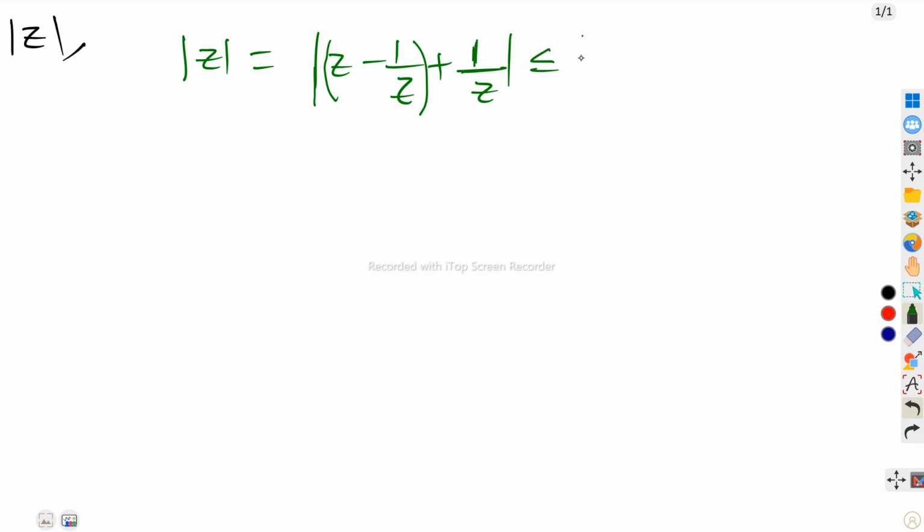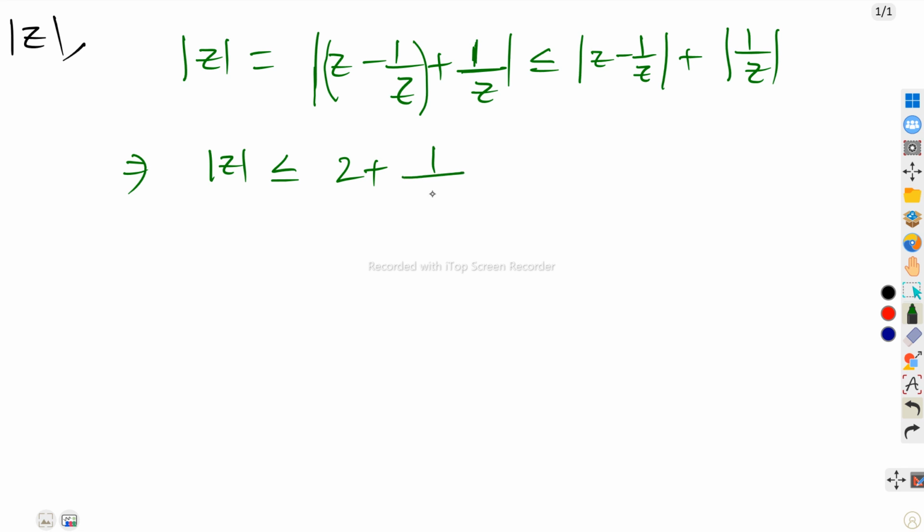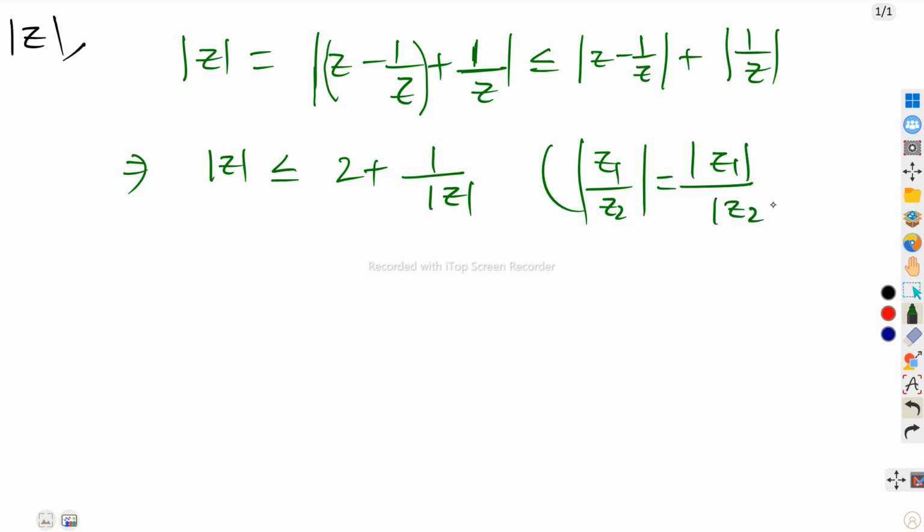So we can write it as mod of z is less than or equal to mod of (z minus 1 upon z) plus mod of (1 upon z). The value of mod of (z minus 1 upon z) is 2, and this is 1 upon mod z. Why? Since mod of z1 upon z2 equals mod of z1 upon mod of z2.